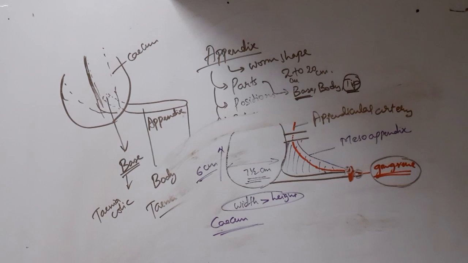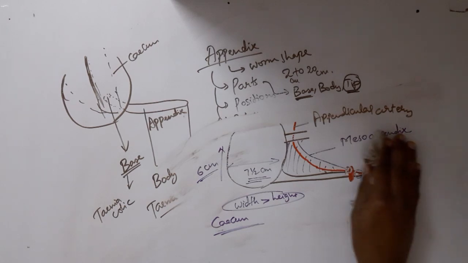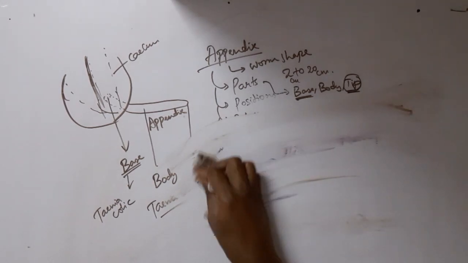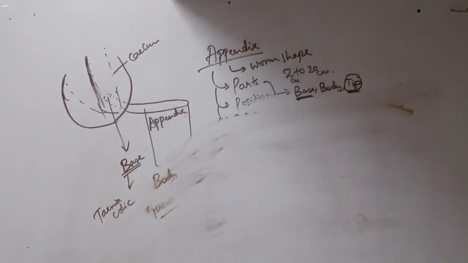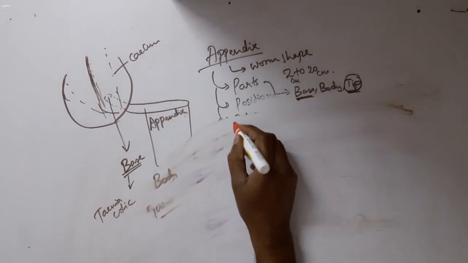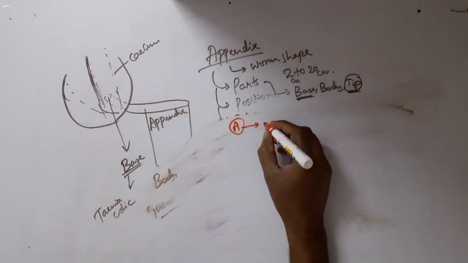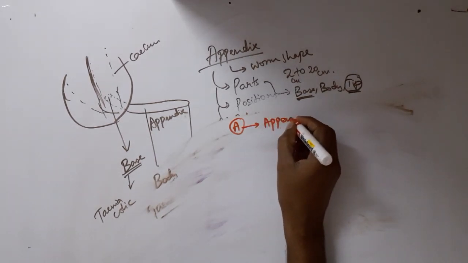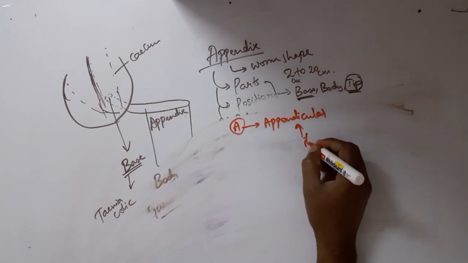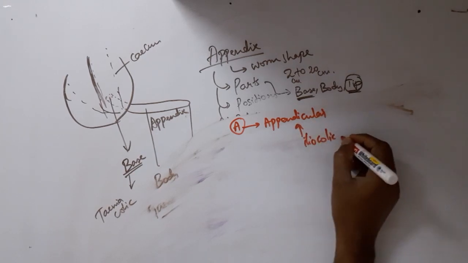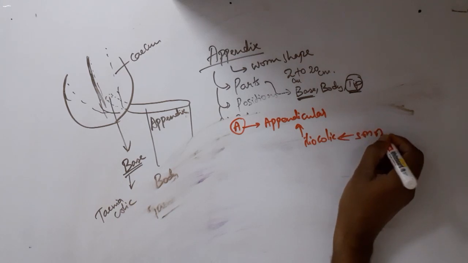Then coming back to the appendix, we have learned that there is a peritoneal fold that we are calling the mesoappendix. Then going back to the arterial supply, venous drainage and everything. What is the arterial supply? The arterial supply is the appendicular artery, which is a branch of the ileocolic artery, and the ileocolic is a branch of the superior mesenteric artery.